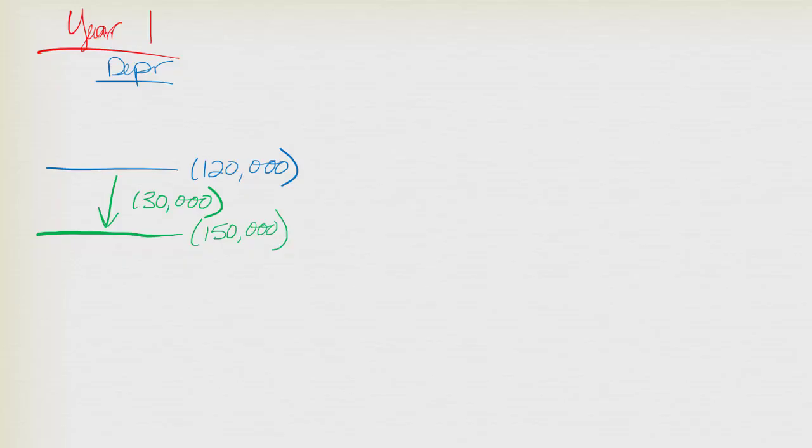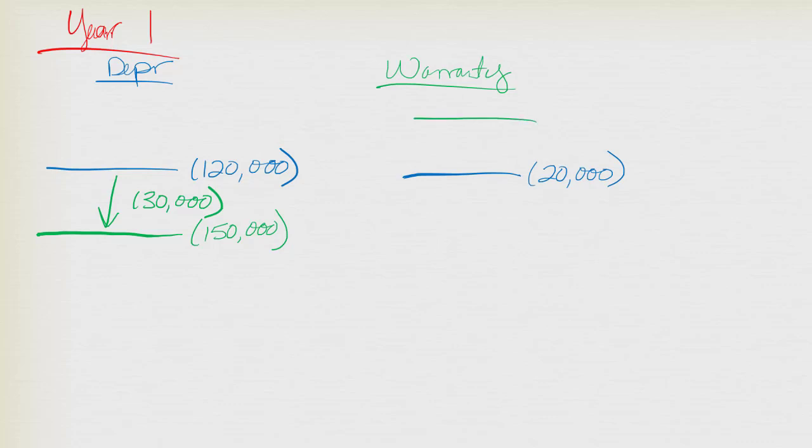The next one we said was the warranty. And again, we'll start with GAAP. So for GAAP purposes, we had warranty expense of $20,000. For taxes, we can only count warranty expense if we actually paid out, and we only paid out $10,000.